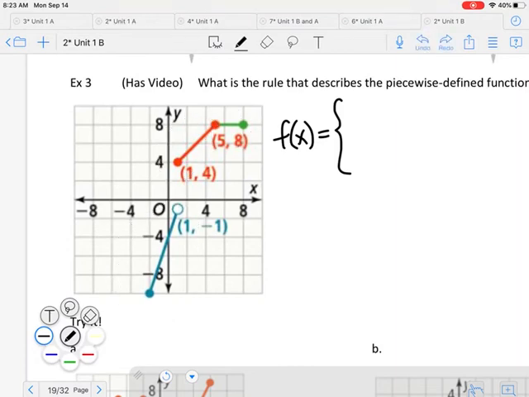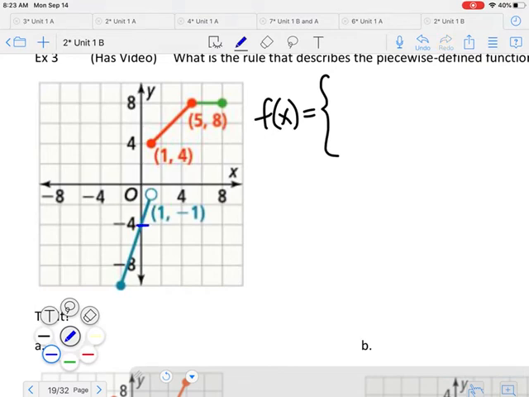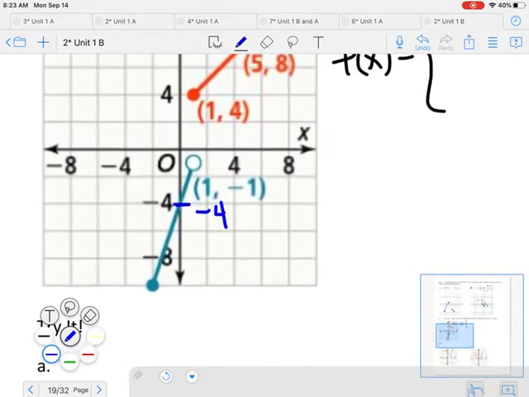Erase, erase. And so let's start with the blue one. I can see the y-intercept, and notice this graph is going by 2s: 2, 4, 6, 8, 2, 4, 6, 8. So the y-intercept is -4, and now I've got to figure out the slope.